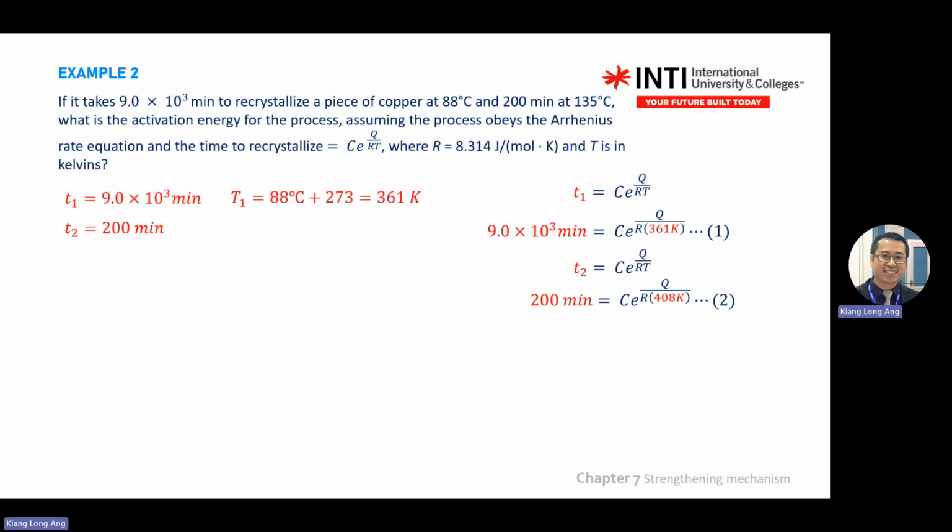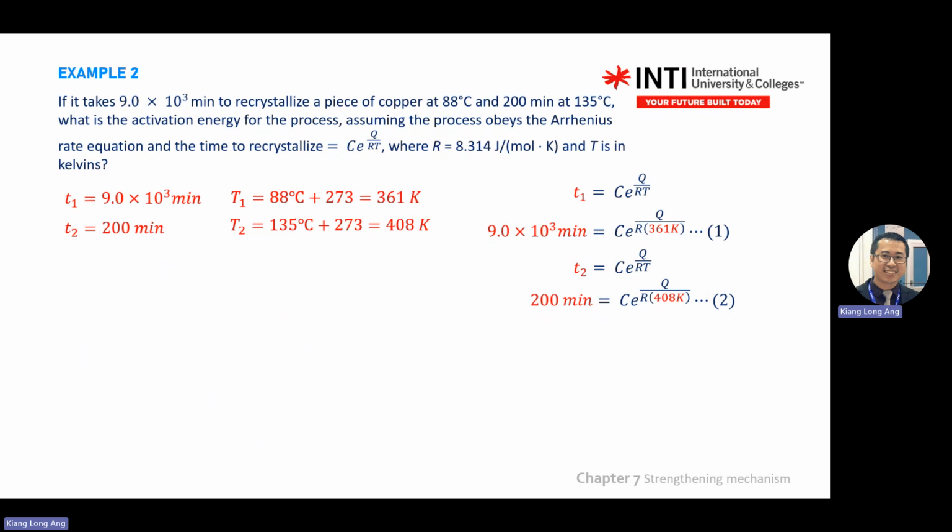So you convert all the parameters, the time, because the question didn't force you to use anything, either seconds or minutes. So I would highly recommend you always convert to SI units. But this question doesn't mention anything.